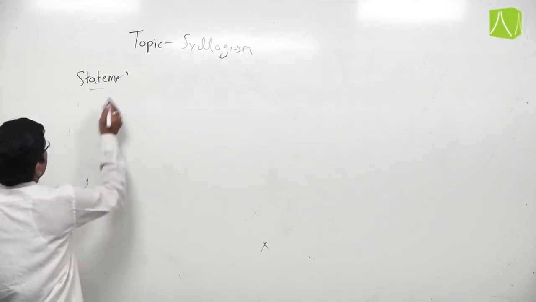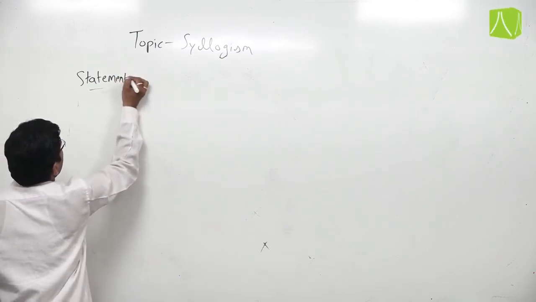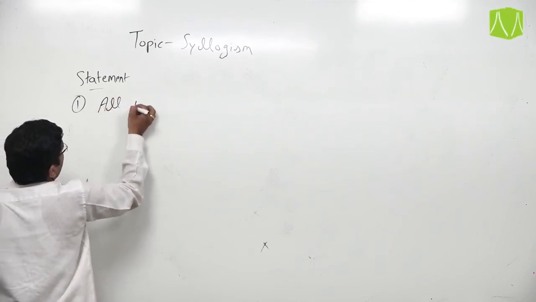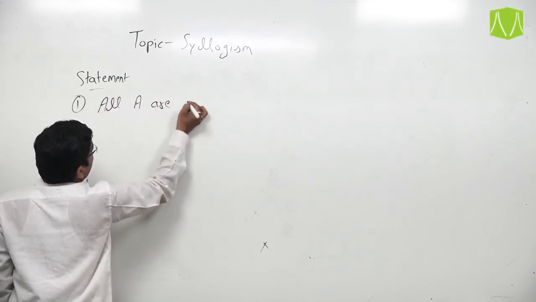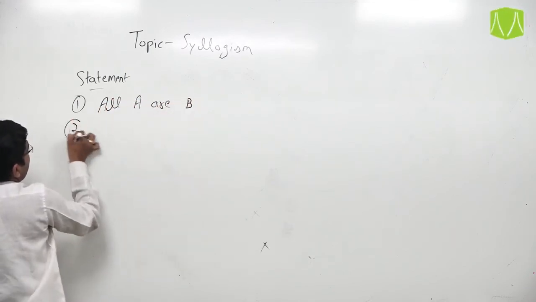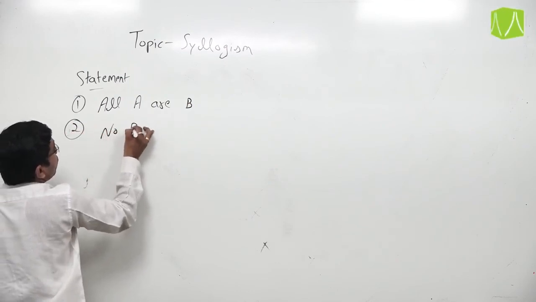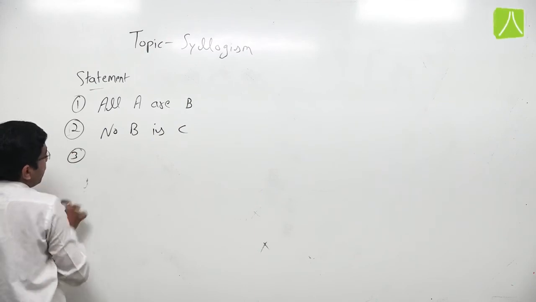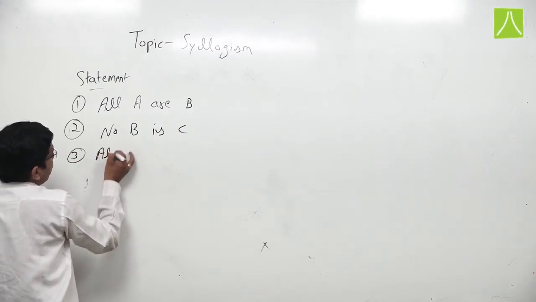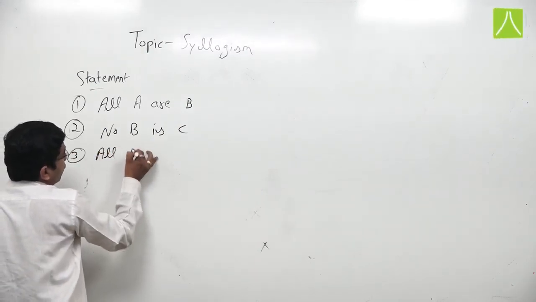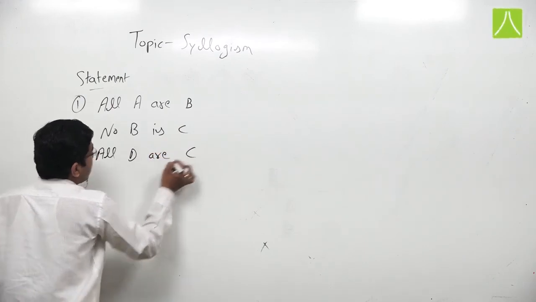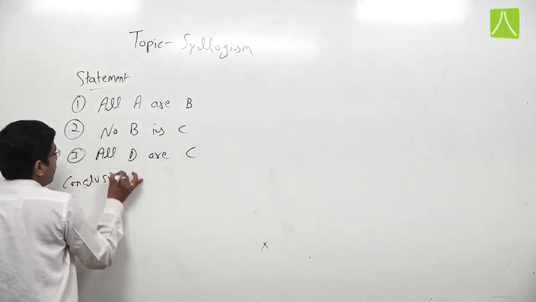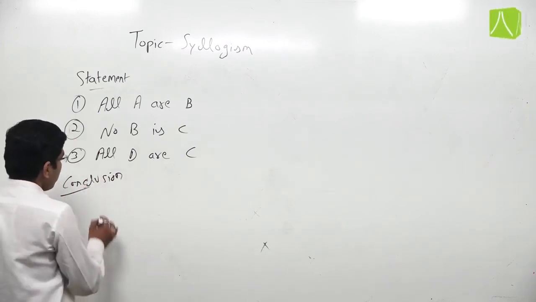Now move on to the next example. Question is: statement number 1, all A are B. Second statement, no B is C. Third statement, all D are C. Now we have to check the conclusions on the basis of these.